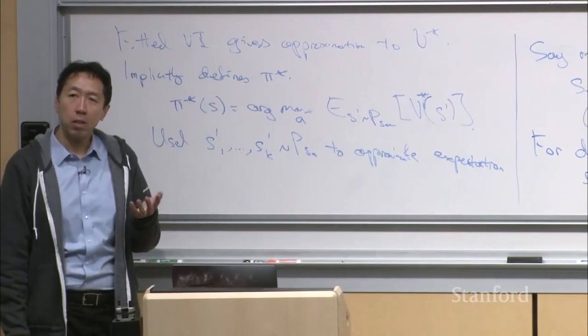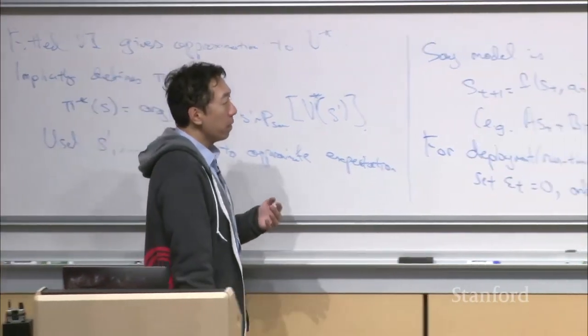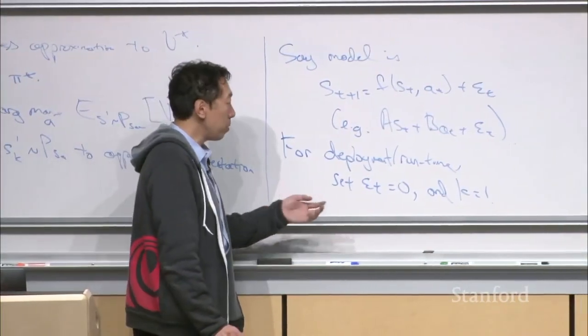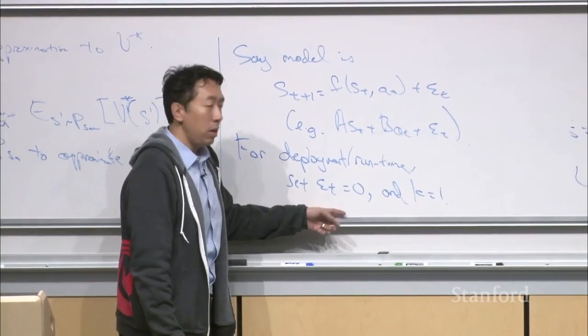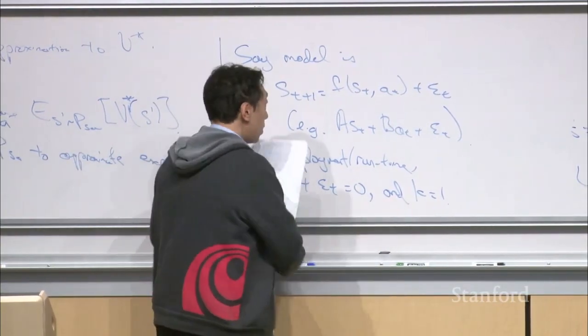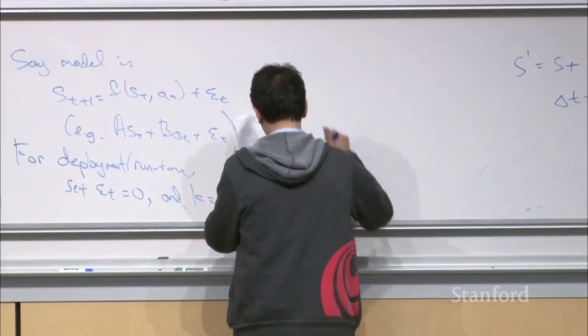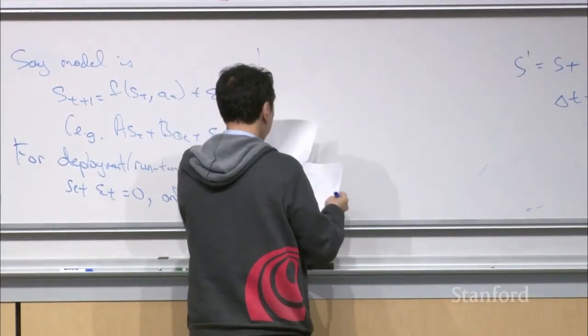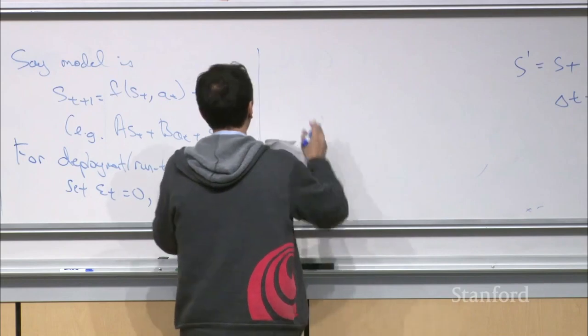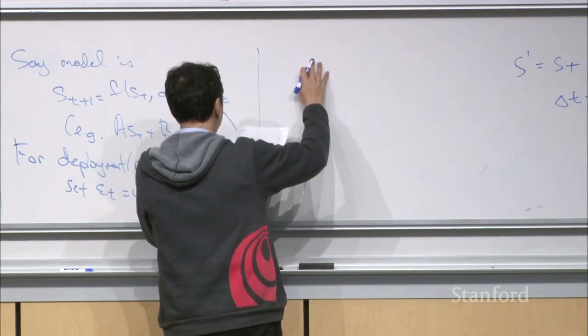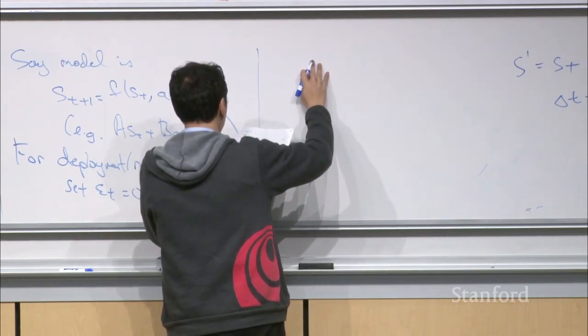But when you're deploying this on a physical system, one thing you could do that would be very reasonable is just get rid of the noise and set k equals 1. And so what you would do is, let's see.